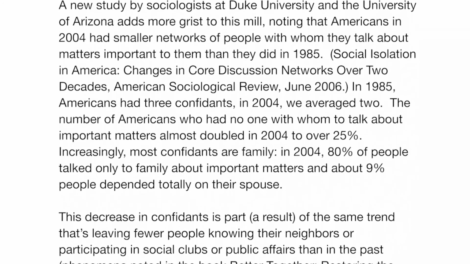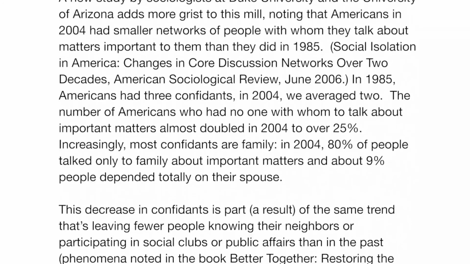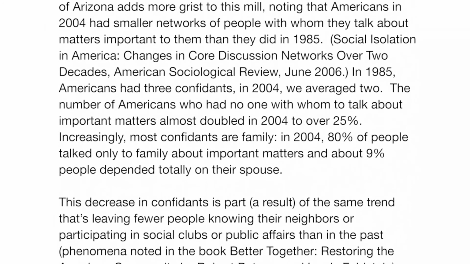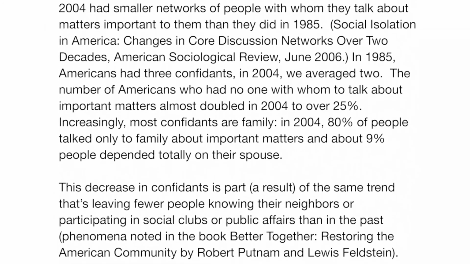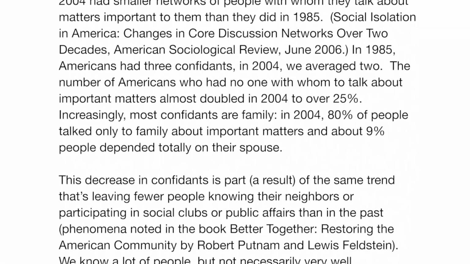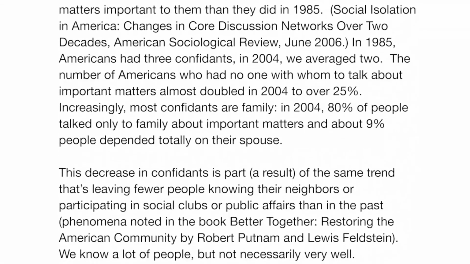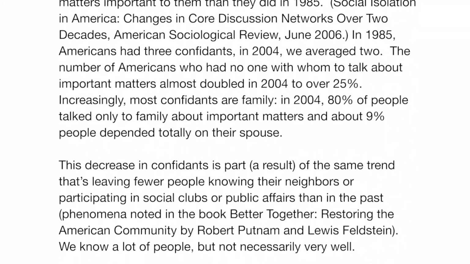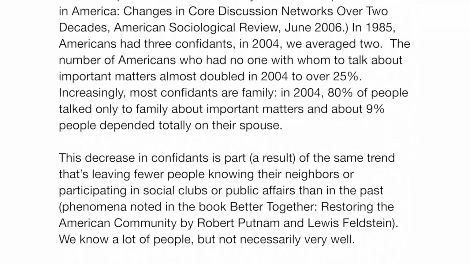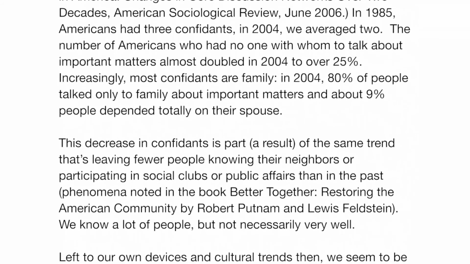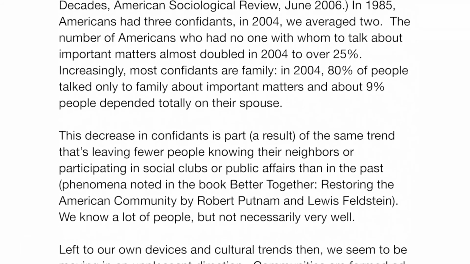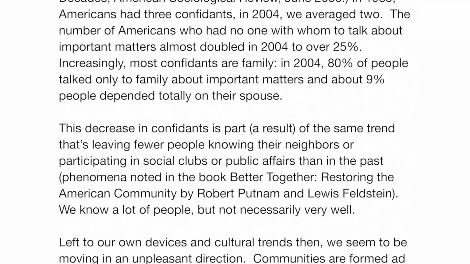In 1985, Americans had 3 confidants. In 2004, we averaged 2. The number of Americans who had no one with whom to talk about important matters almost doubled in 2004 to over 25%. Increasingly, most confidants are family. In 2004, 80% of people talked only to family about important matters, and about 9% of people depended totally on their spouse.